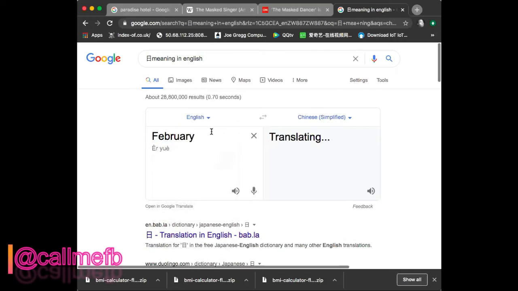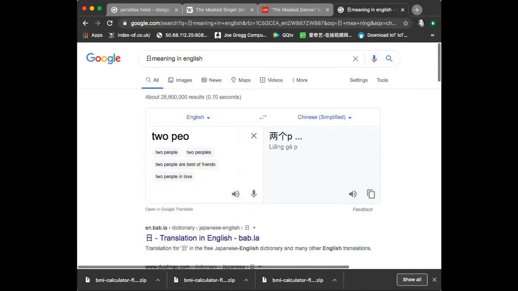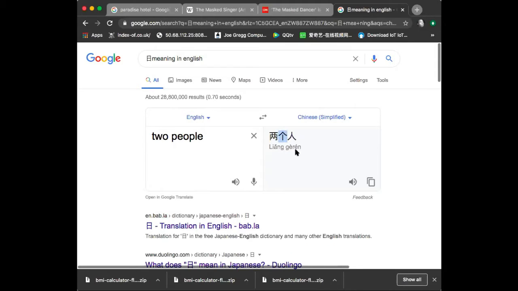We start with the number, then the word for people, and then we also put a middle word, ge. Okay. 2个人. Yes. So there are times when you use Liang, and then there are times when you just go with Er.